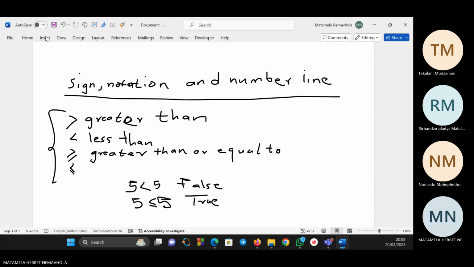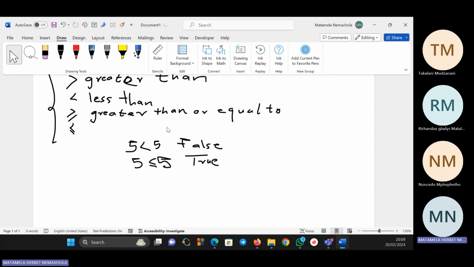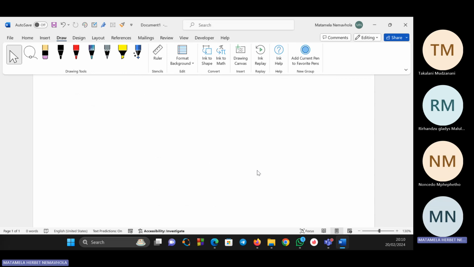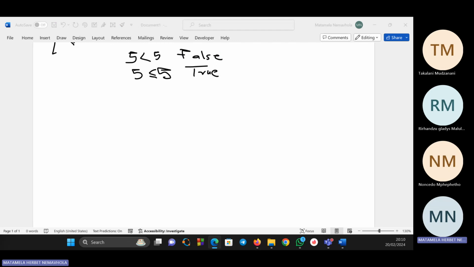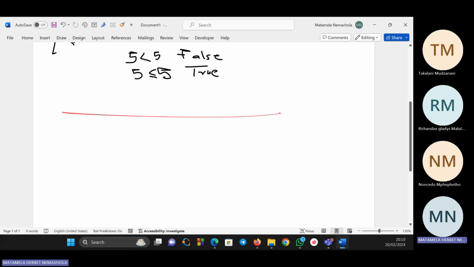So when it comes to these signs, we're gonna go to the number line. With the number line, you draw a line. This is going to help you when we are dealing with functions. You draw a line, it must be straight, just that mine cannot be straight. In the middle, it will be 0. This side going there will be the positive side, and this side going there is going to be the negative side.